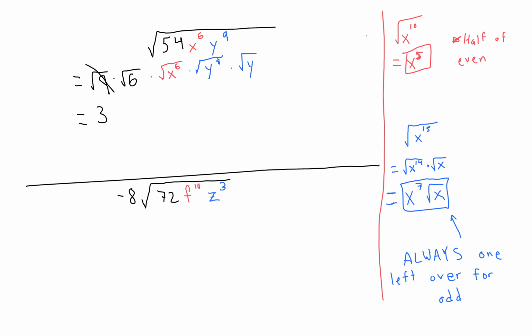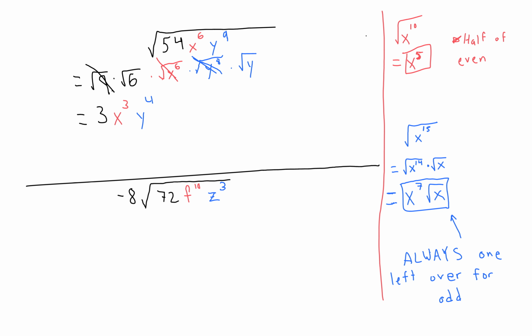The square root of x to the 6th is x cubed. I took half of that 6. That's our little shortcut. And what else can I do? I can do the square root of that even exponent, the y to the 8th, and that half is y to the 4th power.